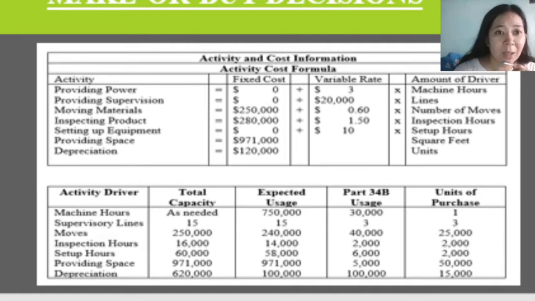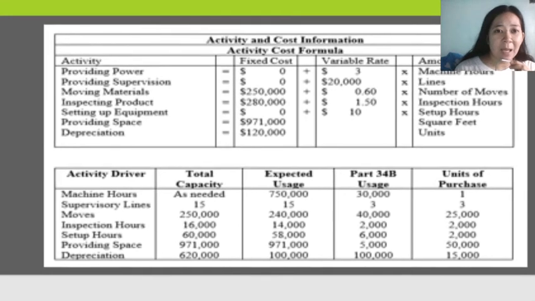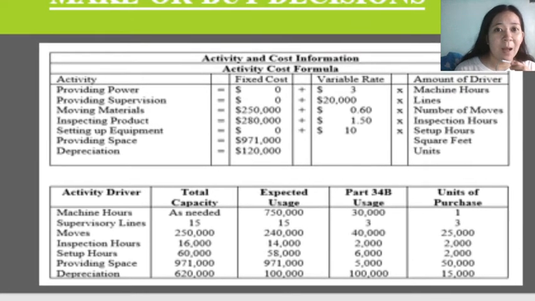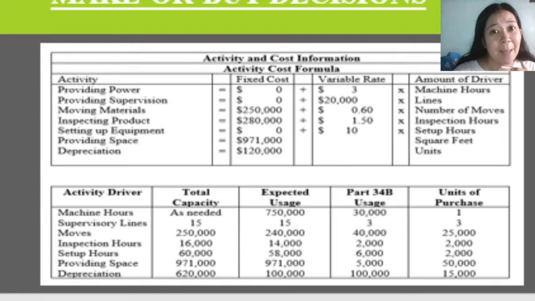For the activity, we have the following: the fixed cost and the variable cost, for the total capacity, expected usage, and unit of purchase. So again, this is under the ABC management system.